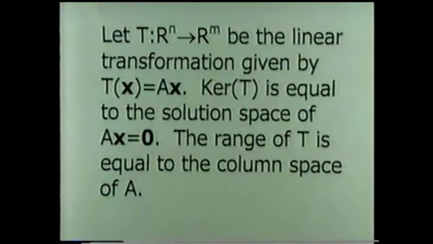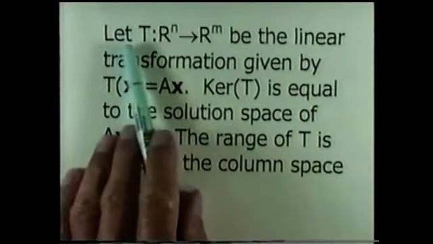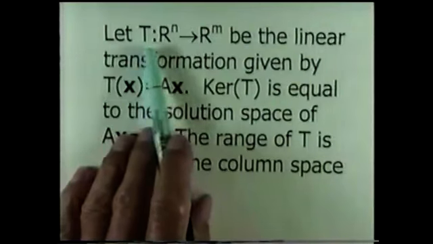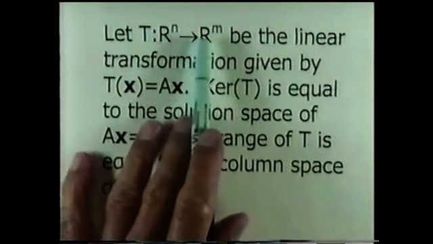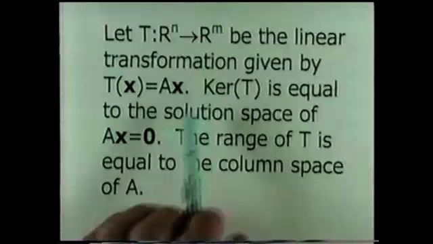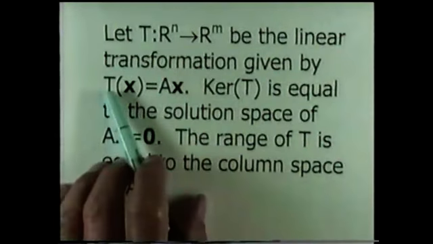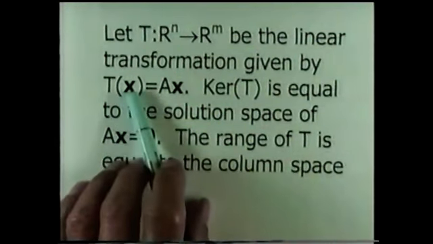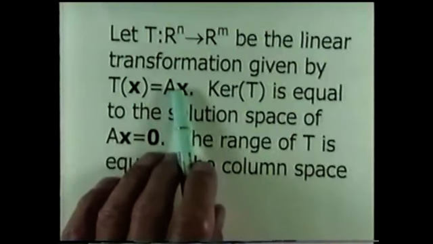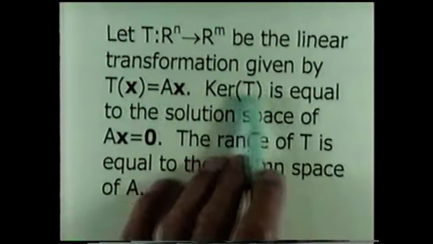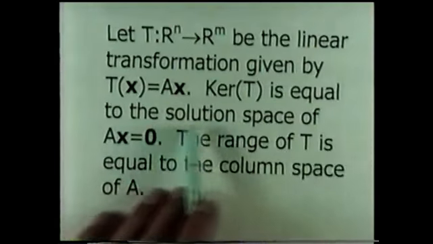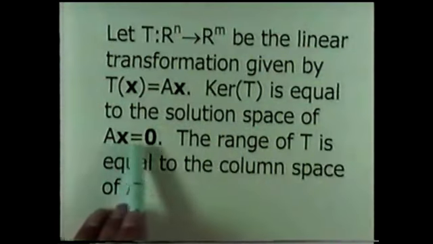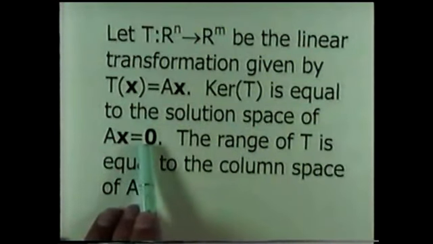Now I'm going to summarize some of the things that we discovered through the example. Let T be a linear transformation mapping N space into M space, defined by T of X equals AX. The kernel of T is equal to the solution space of AX equals 0.